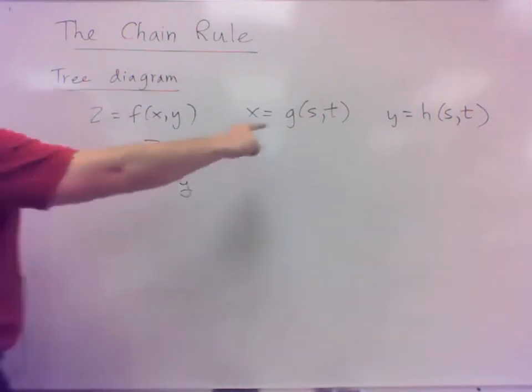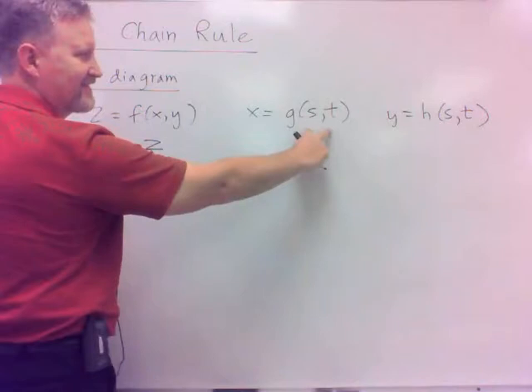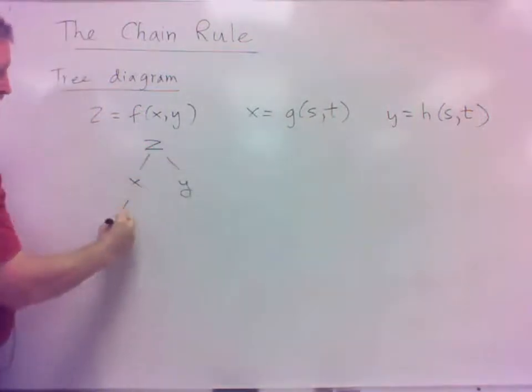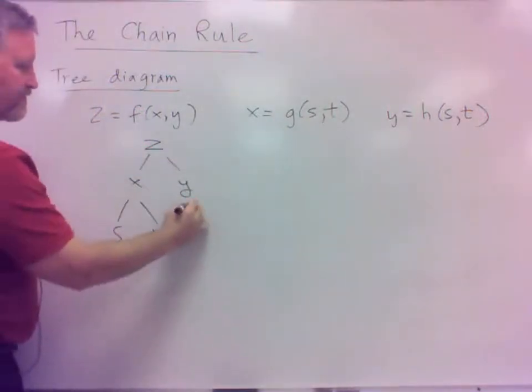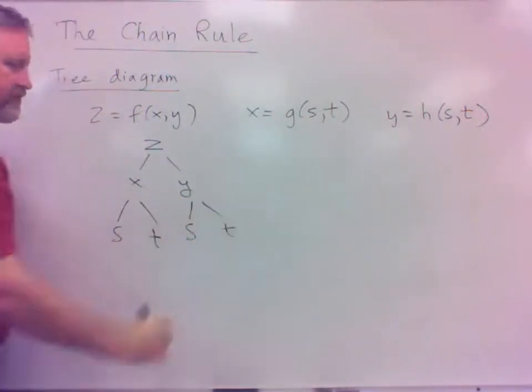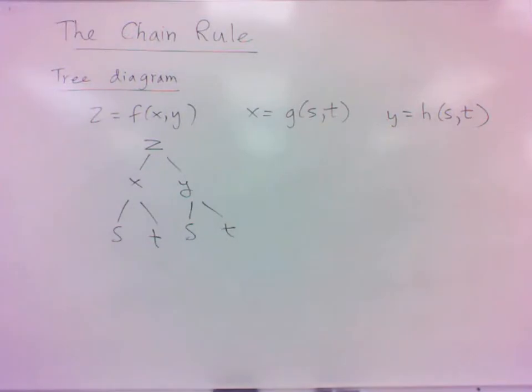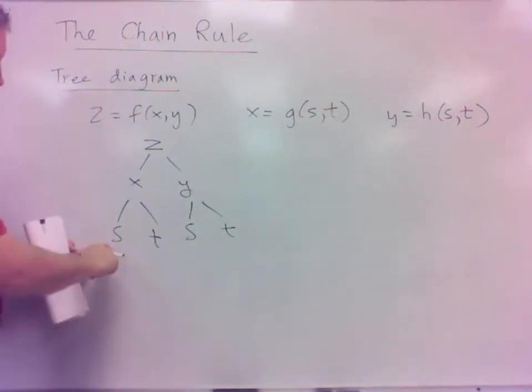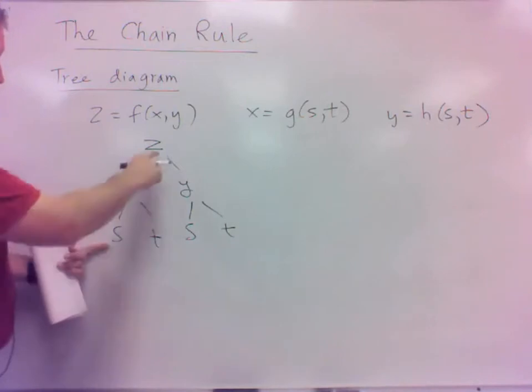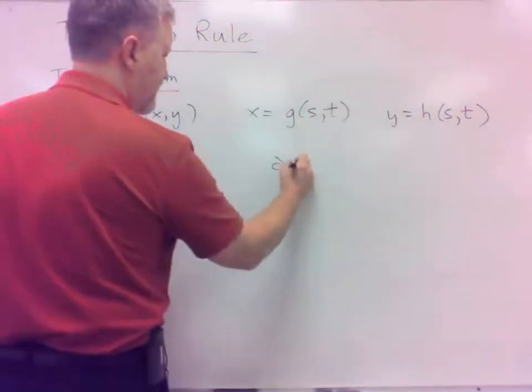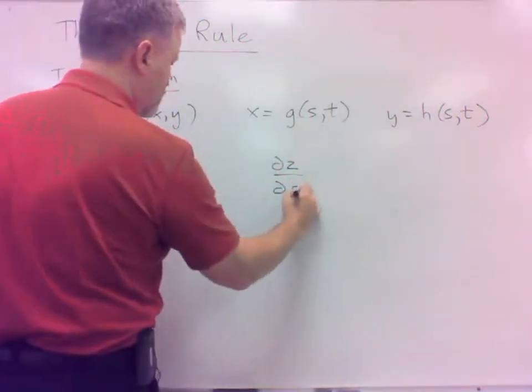But then, what happens off of x? We've got two branches, right? We've got s and t here, and then y's got s and t branched off of it.